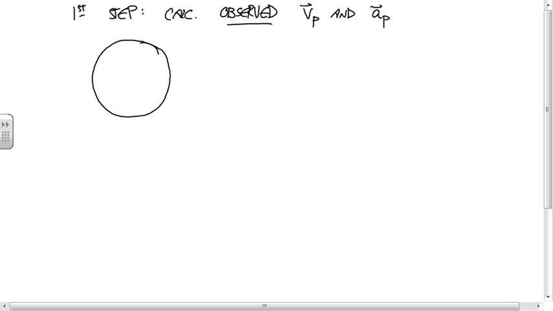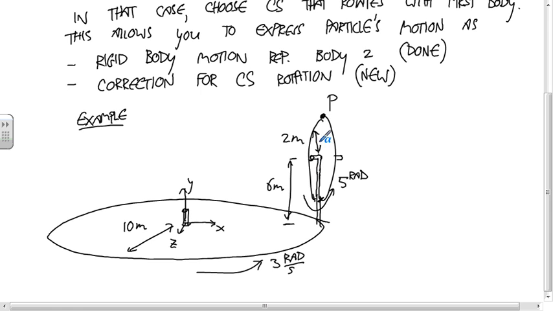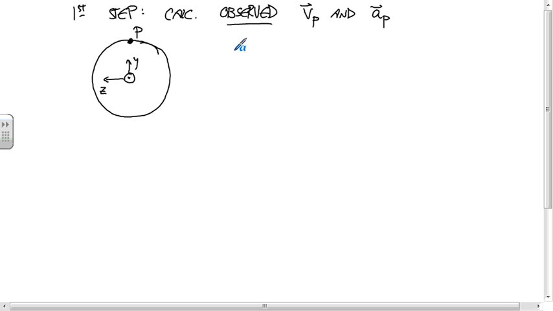What we see is the positive x-axis pointing out, the positive y-axis up, and the positive z-axis to the left. The point P that we care about is here. Then our omega vector for this rotation is going to be clockwise in this view, so the omega vector is -5, 0, 0.